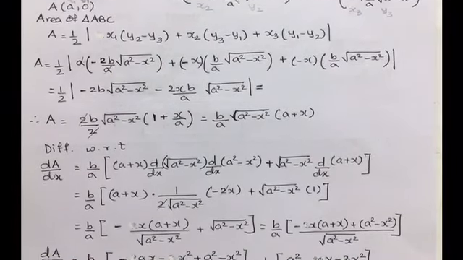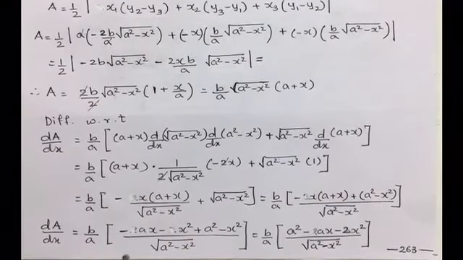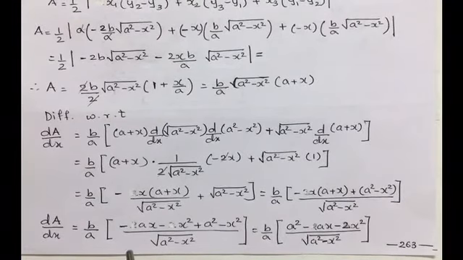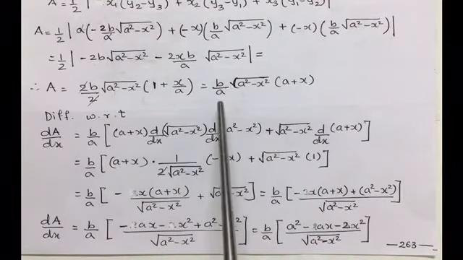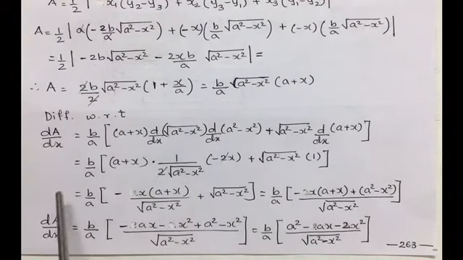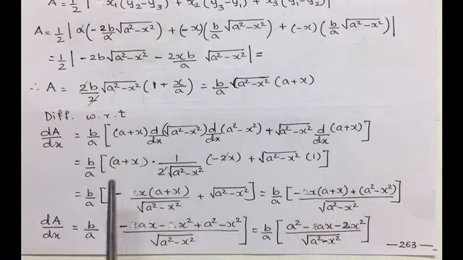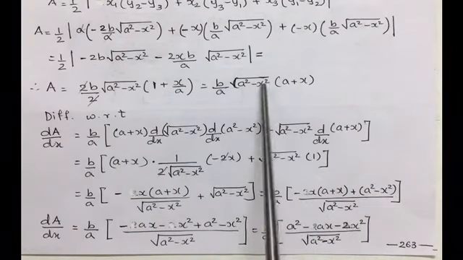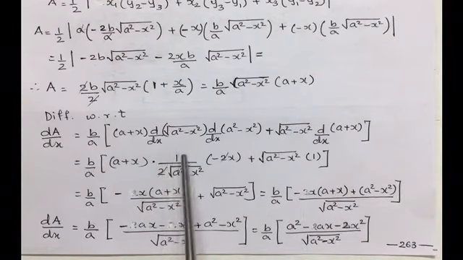Now to find the value of x and the area, we will differentiate with respect to x. So using the multiplication rule of differentiation, b by a is constant, differentiating root of a square minus x square first and keeping a plus x as it is.